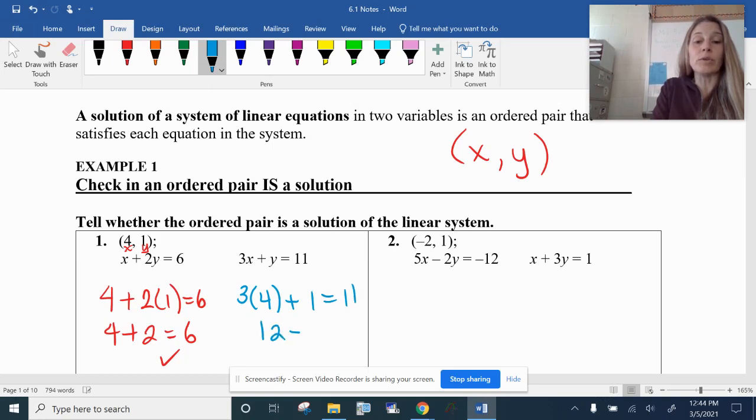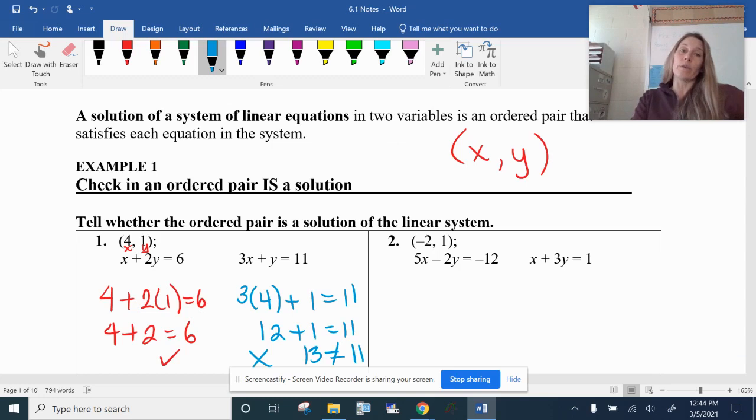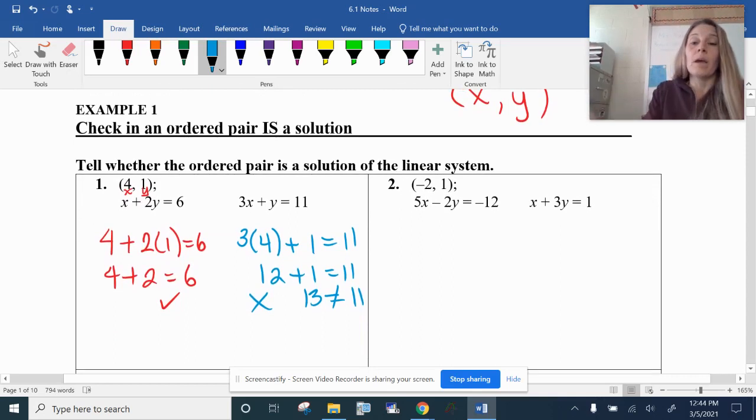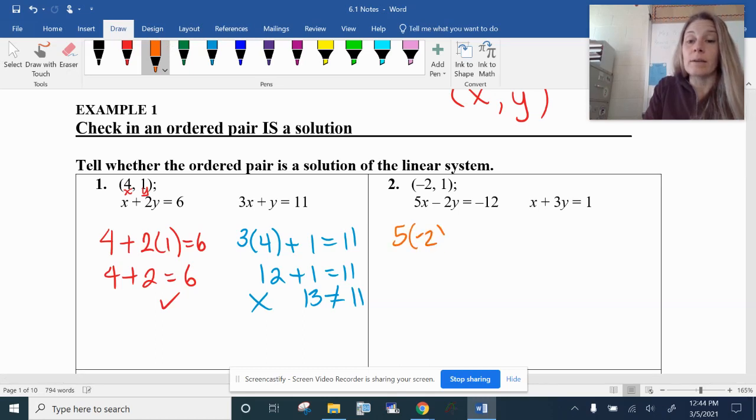We can see that we end up with 12 plus 1, which equals 13, and that does not equal 11. So even though it worked for the first equation, it didn't work for the second, so this one would not be a solution.